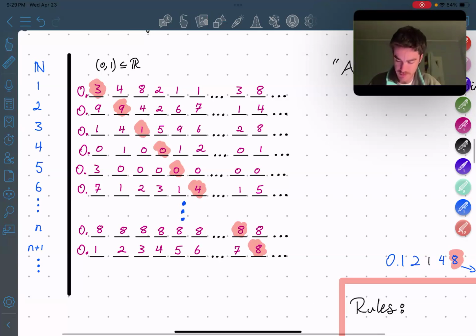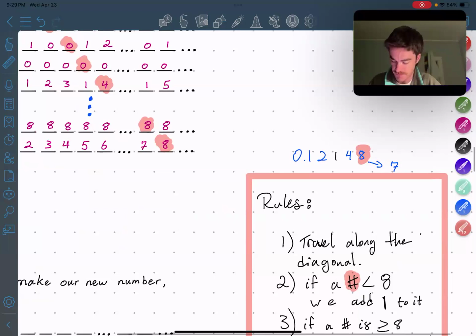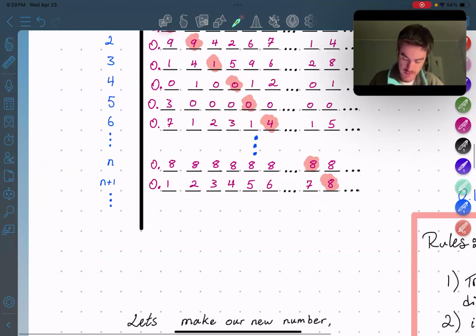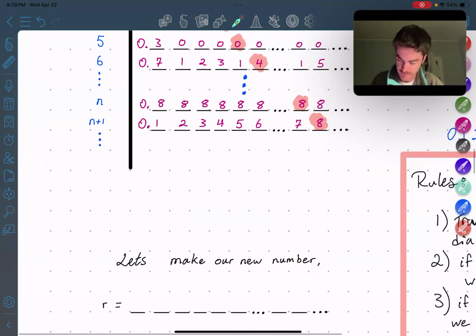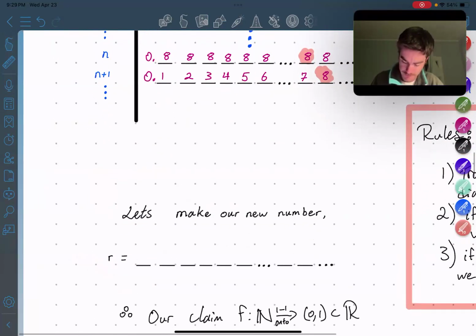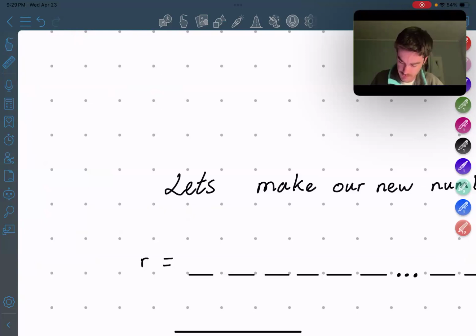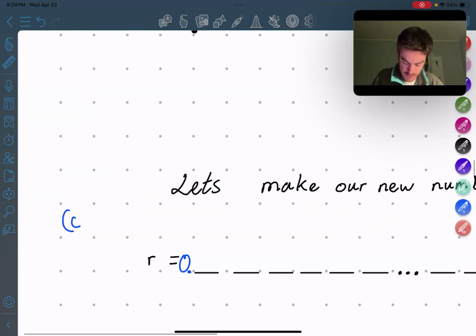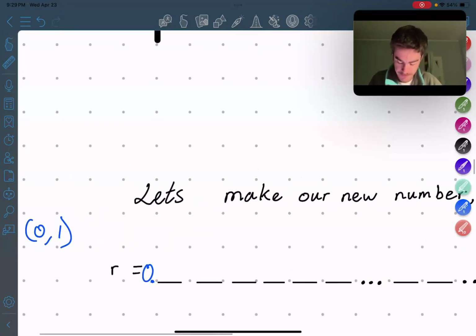Following our rule, let's start with this 3 up here. This 3 is less than 8, and I'm going to start writing our new numbers down here. Remember that these are all in the same interval, so I don't want this to be bigger than 0. The first one we had was 3, so I add 1 to 3, and I get 4.